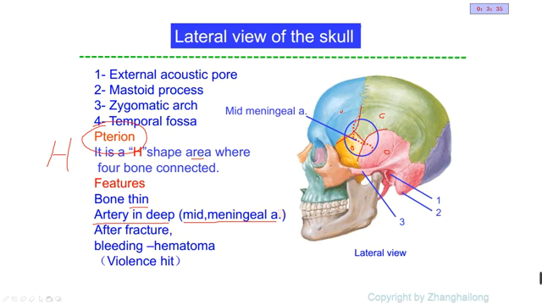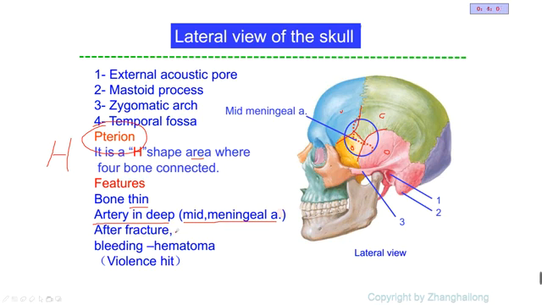And what's the function of this artery? This artery is an important artery supplying your brain. So, if this artery is broken, it's very dangerous for your brain. If somebody's bone here is broken and the artery is broken, perhaps the person will go into shock or die. So, it's very, very important.